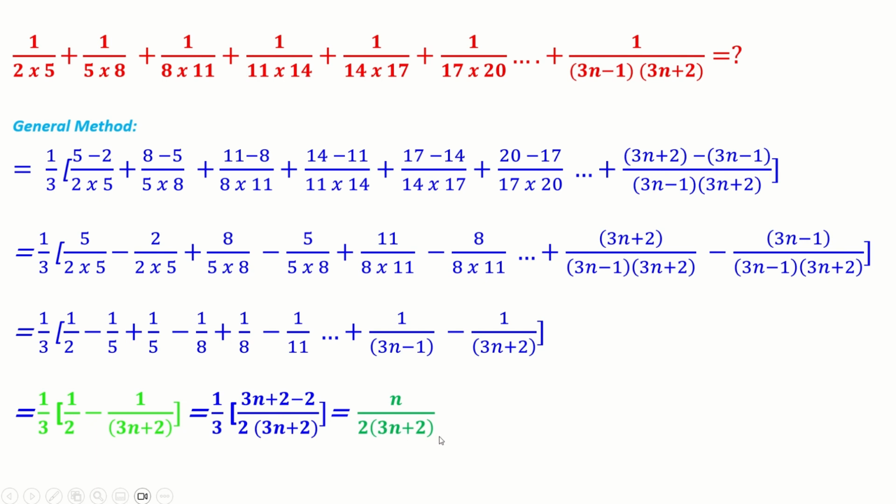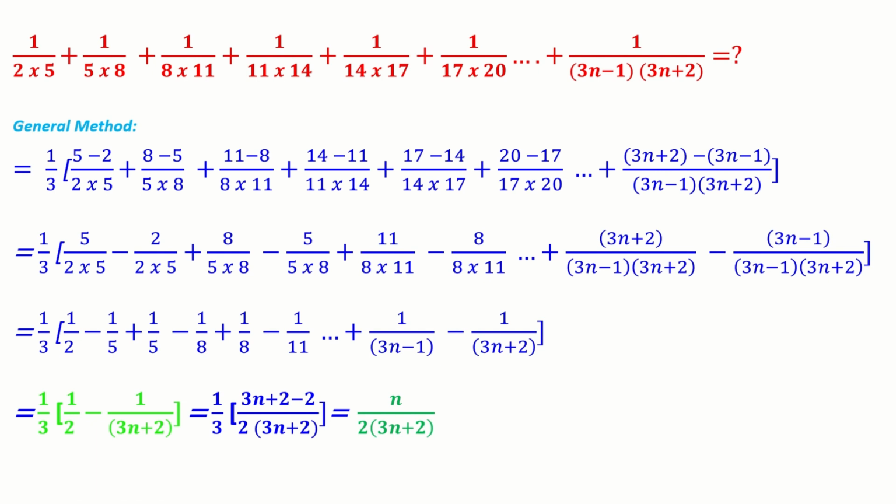This is simpler, but I still prefer the first generic method, that is 1 by difference into first term minus last term, because we can generalize this to much bigger series. For that purpose, I prefer the first one. But if you want, you can choose the second expression and solve the problem. This is the general method to solve the problems.